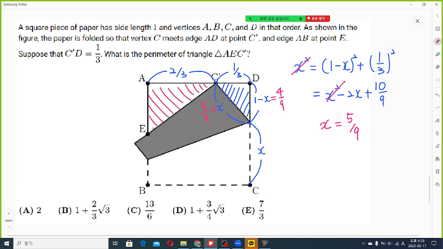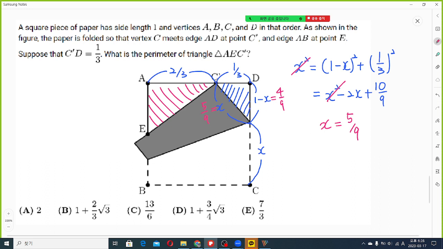So this left triangle and right triangle are similar. So what's the ratio of similarity between left and right? The ratio is... let me see.